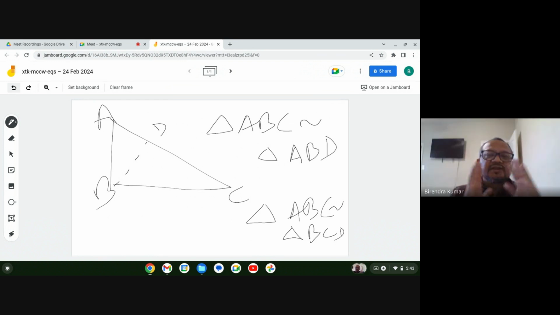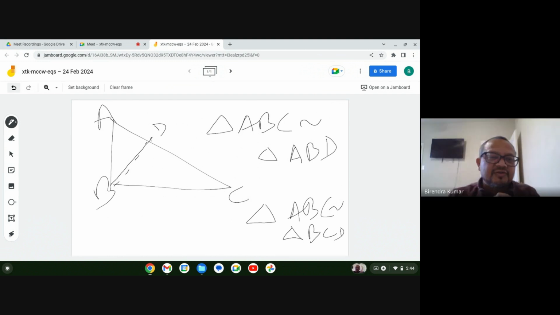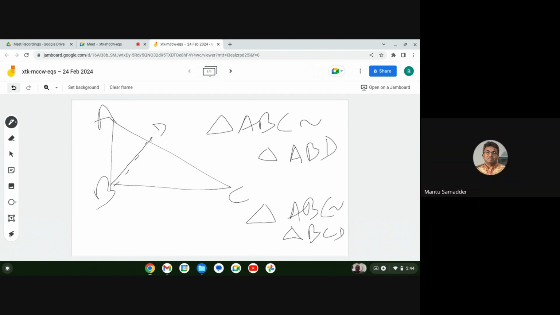Simple summary: when I have a right angle triangle, I pick the corner where I have a 90 degree. From there, I draw a perpendicular line on the opposite side. The two child triangles that are made are similar to the parent triangle. This is what we saw so far. Okay, this is what helps you prove the Pythagorean theorem. Now you'll say how. So let's look at it.